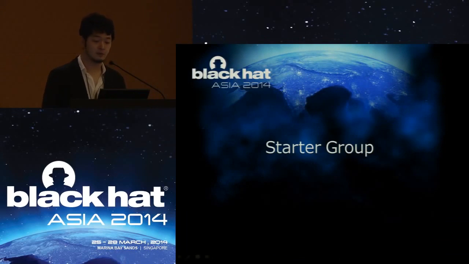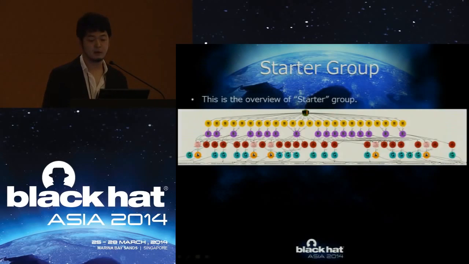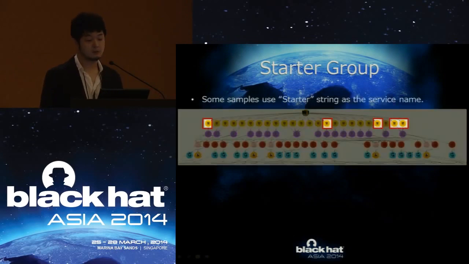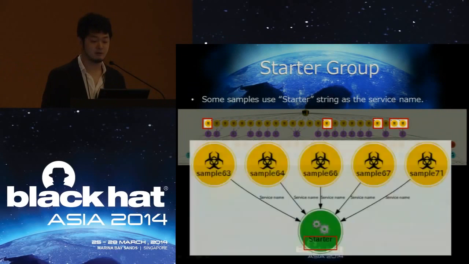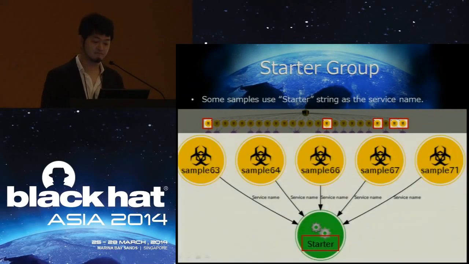Next, starter group. This is also a complicated one. Starter group is a very big group, right? There are 24 samples. Some samples use a starter string as the service name, like this.